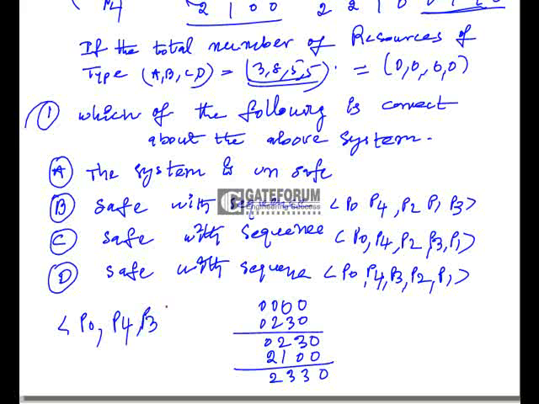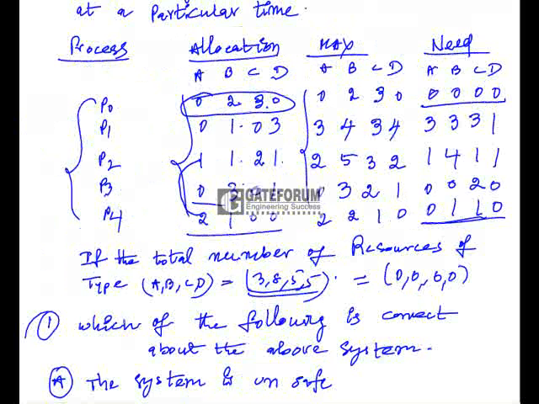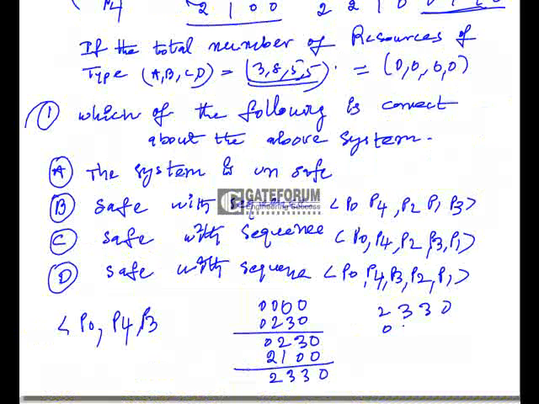So either P3 P4 or P4 P3 we can execute. After execution of P3, from 2 3 3 0, 0 3 0 1 will be released. So it will be 2 6 3 1.